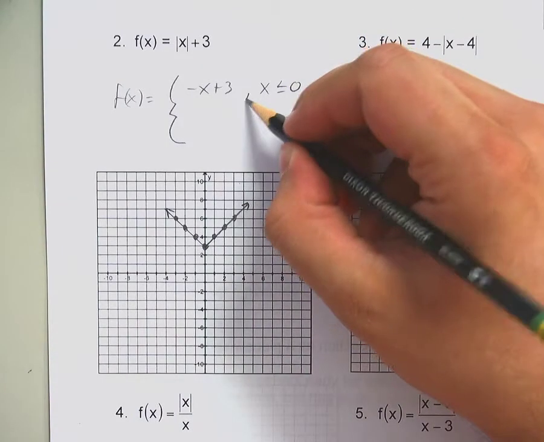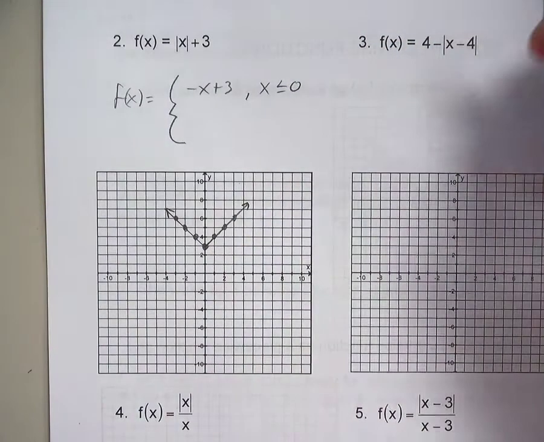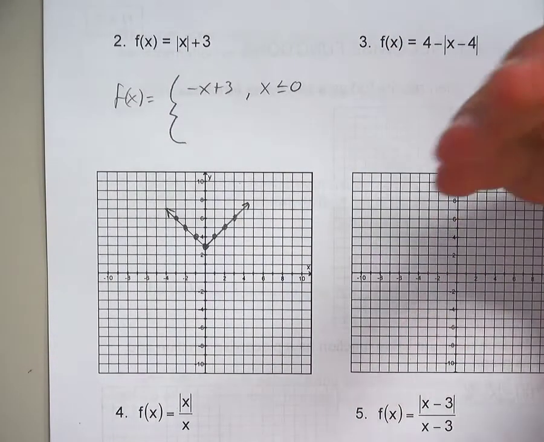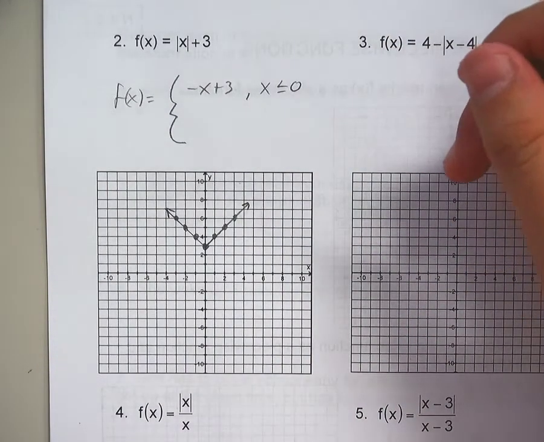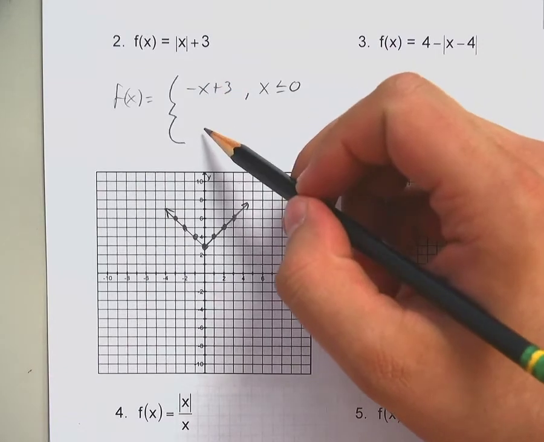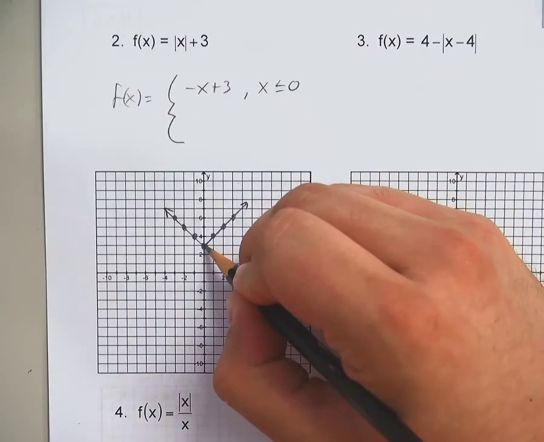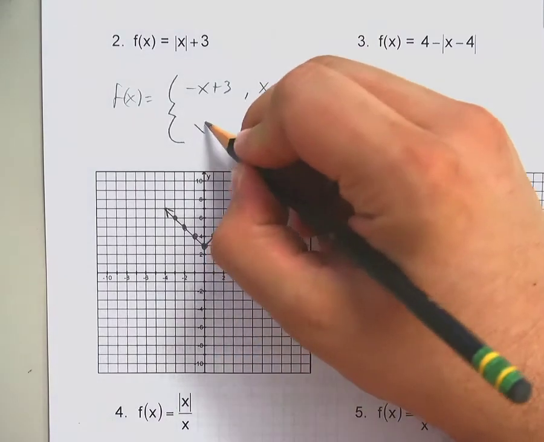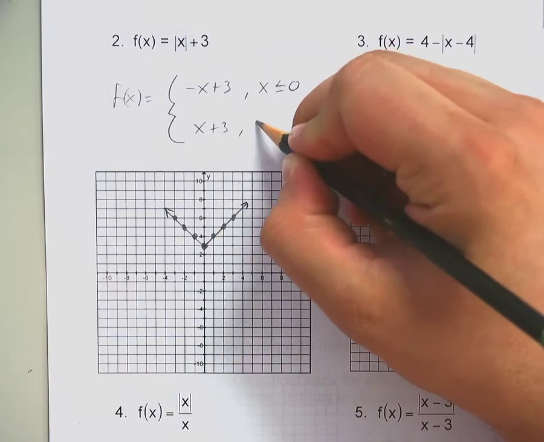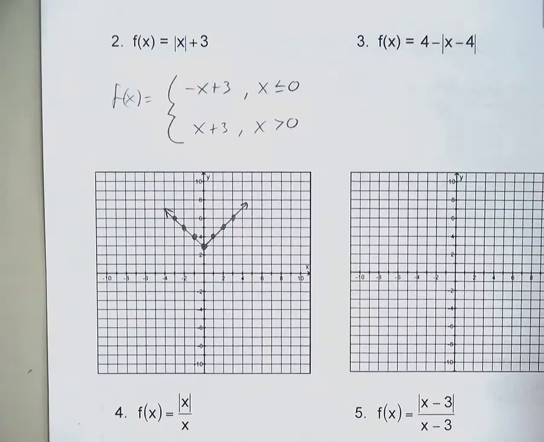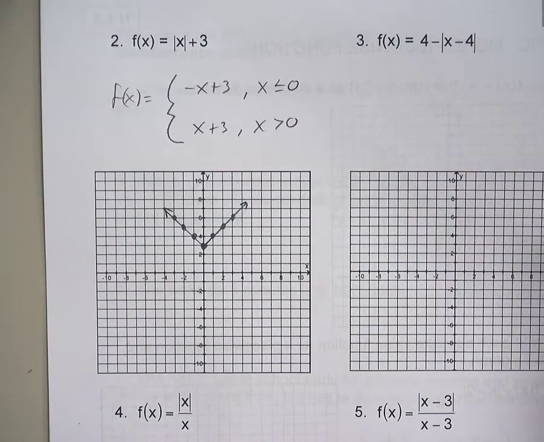Less than or equal to 0. Since they come to the same point, it doesn't matter which one I pick again, just as long as I don't pick both of them. And then for the right-hand side, y-intercept of 3, slope of 1, x plus 3. And that's where x is bigger than 0. Okay?